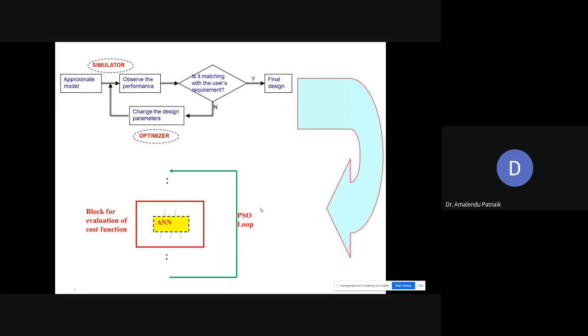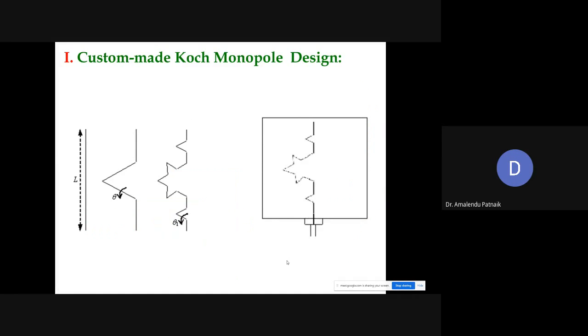So let us see an example of applying this technique. Although we have used this technique to find different antenna solutions, let us see this typical example. It is designing a custom-made Koch monopole design, right?